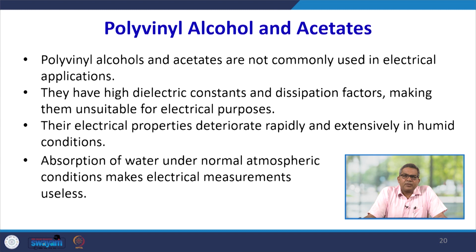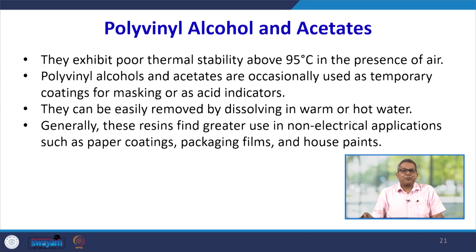This makes them unsuitable for electrical purposes. Their electrical properties deteriorate rapidly and extensively in humid conditions, and absorption of water under normal atmospheric conditions makes electrical measurement useless. And they also exhibit poor thermal stability above 95 degrees Celsius in the presence of air.